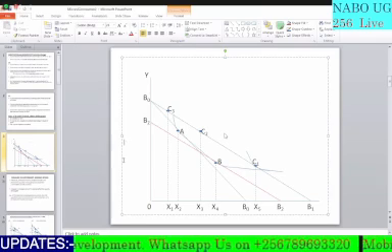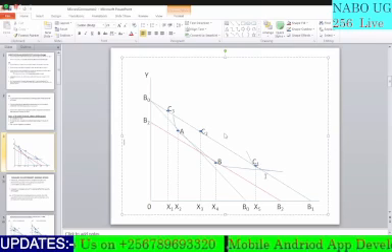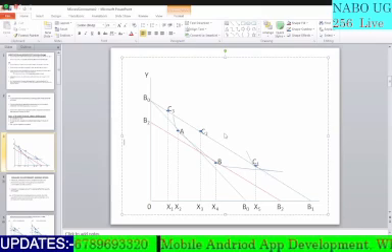So when we talk of a normal good, the individual will settle at C1.